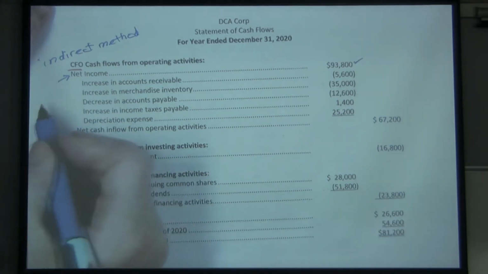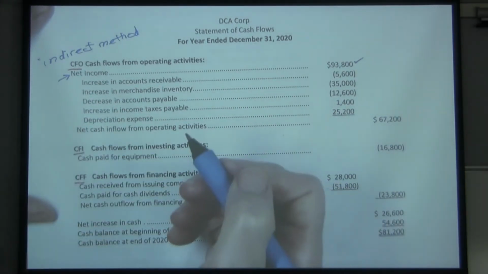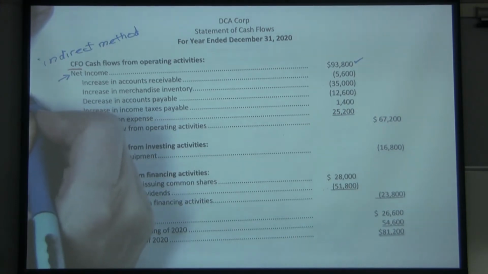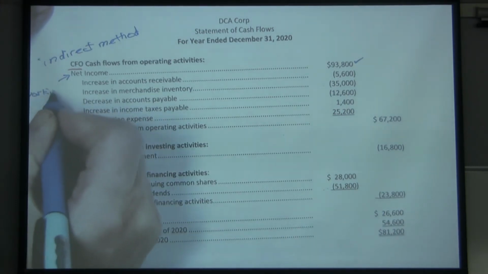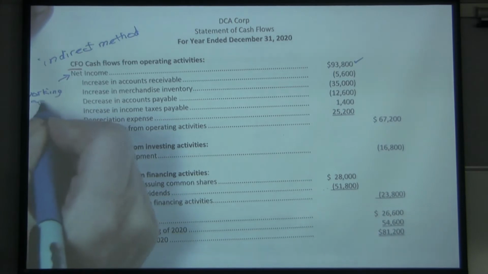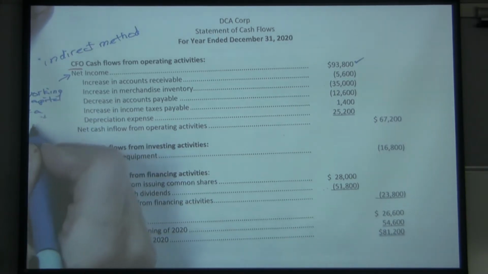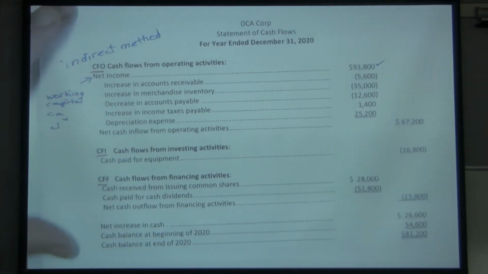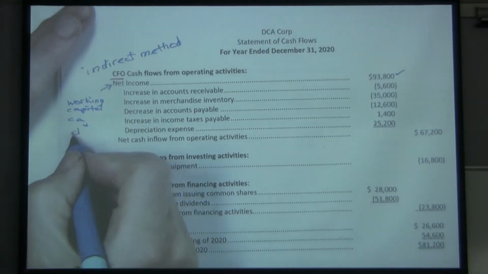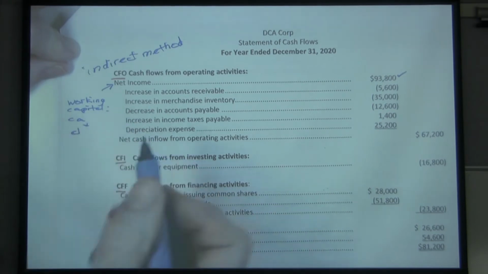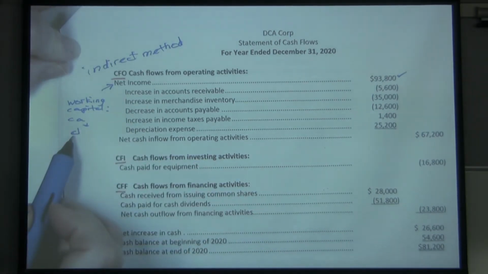Working capital, let's see, I'll just jot this down over here. Working capital is a term that means our current assets and our current liabilities. So working capital, again, is current assets and current liabilities.